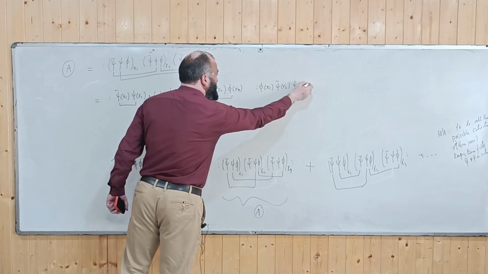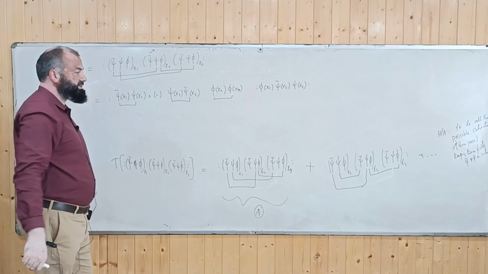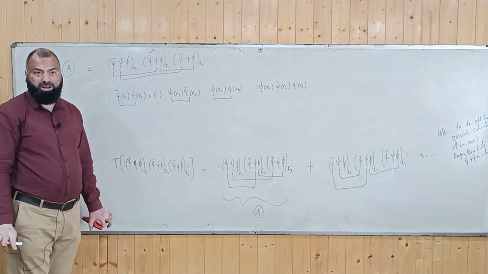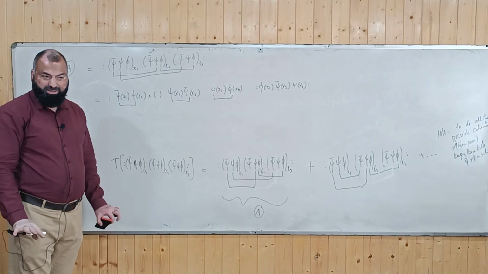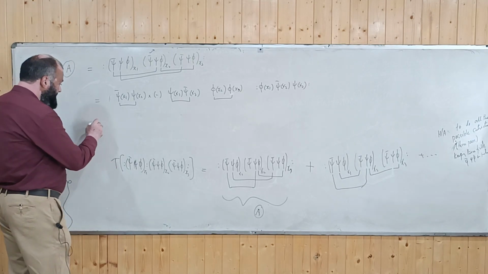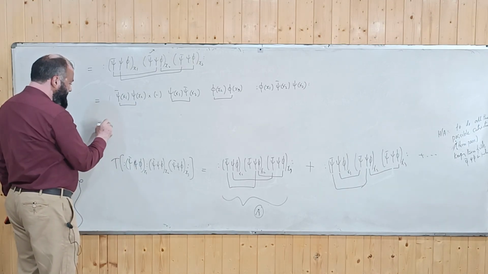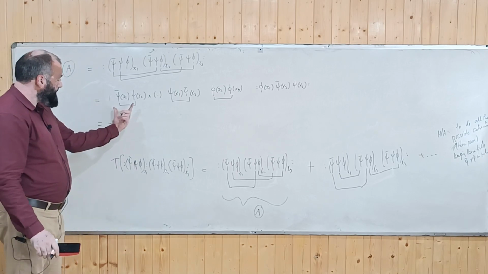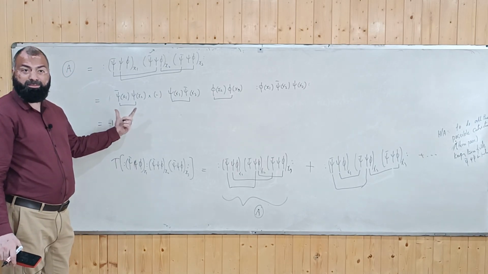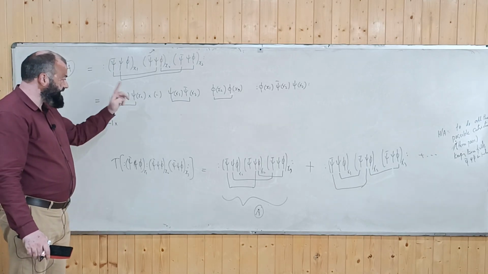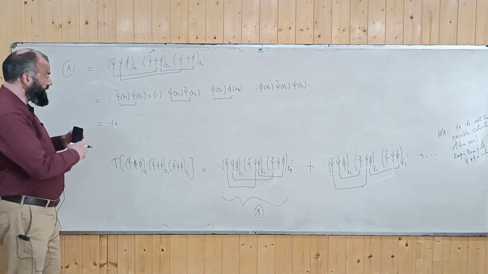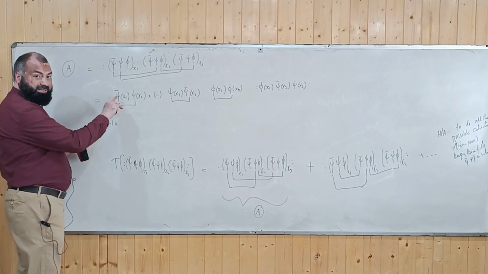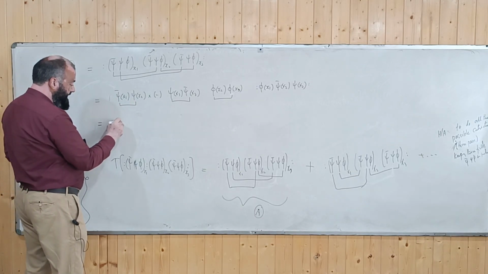You need to normal order them, because there is a normal ordering sign. You have to put them in the normal ordered fashion. Clear? So this minus will come out, so you have minus 1. When I need the contraction, the fermion propagator is psi and psi bar contraction. I want to put it in the form of psi and psi bar. So this will yield me minus 1 again.